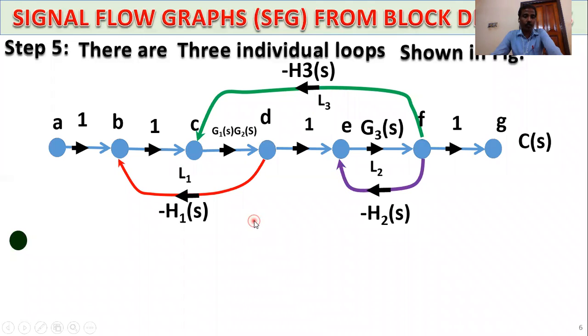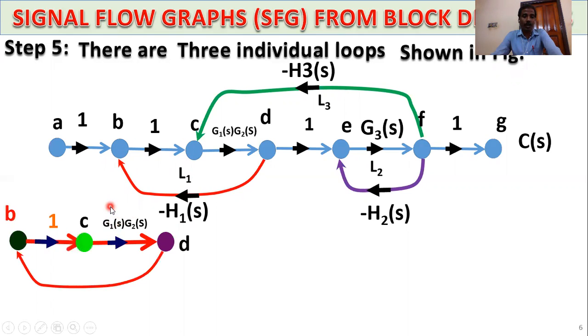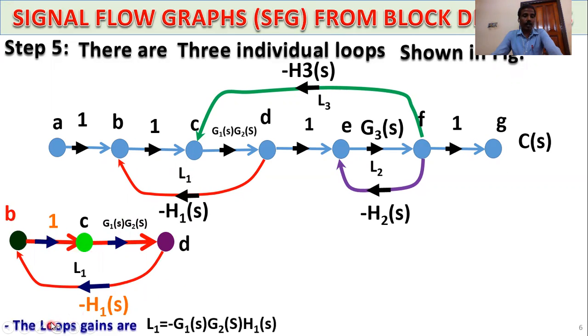So draw the first loop: B point, then branch gain 1, then C point, again D point, with branch gains G1, G2, and the feedback element minus H1(s). This is loop number 1. So the loop gain is minus G1(s), G2(s), and H1(s).